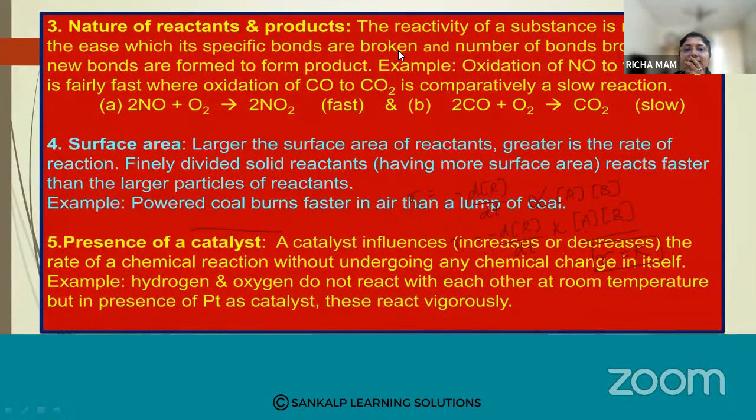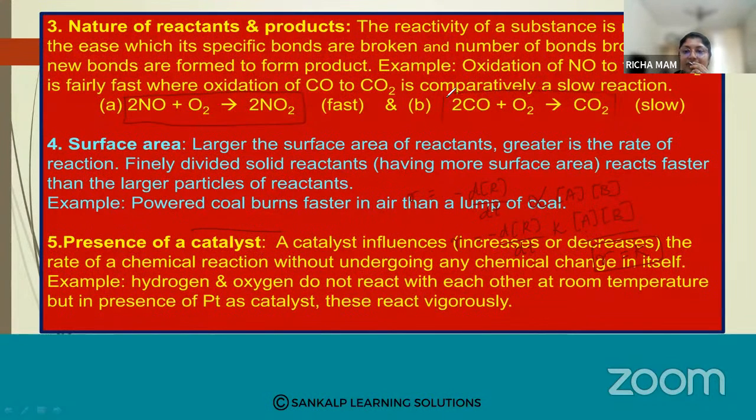Suppose a reaction is undergoing oxidation: NO reacts with O2, giving you 2NO2. This is a fast reaction.